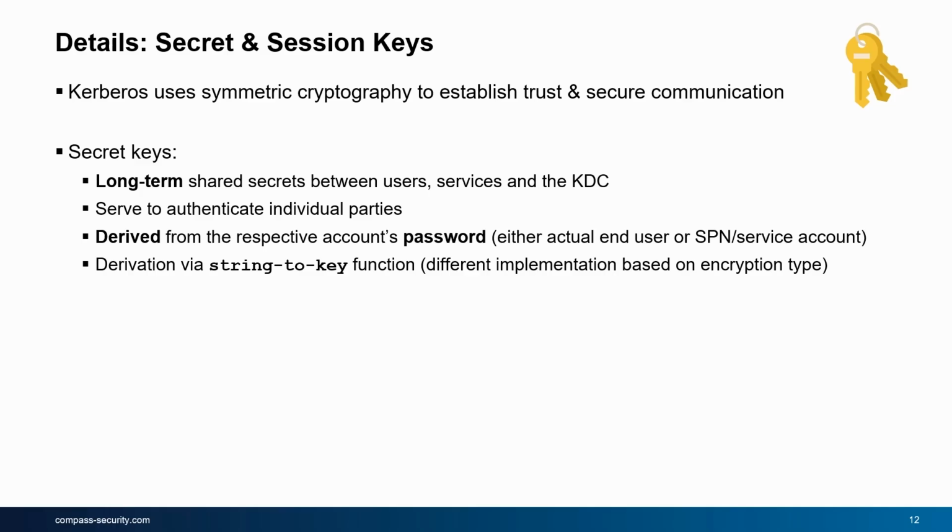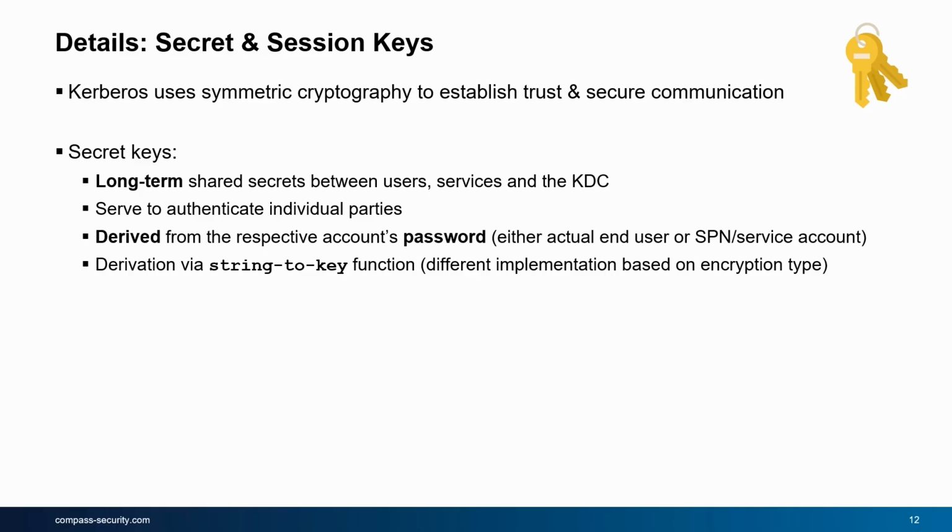And the secret key is not directly the password of the individual account, but rather it is derived from the account's password. That could be the password of the user or the password of the service account that is associated with the SPN. How it is derived depends on the encryption type that is used. We have a few different encryption methods available in Kerberos.